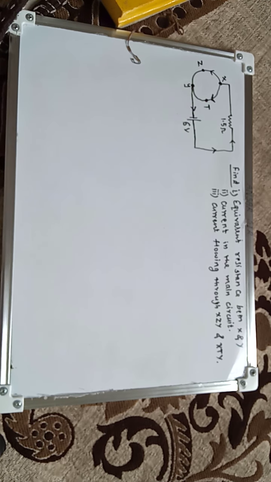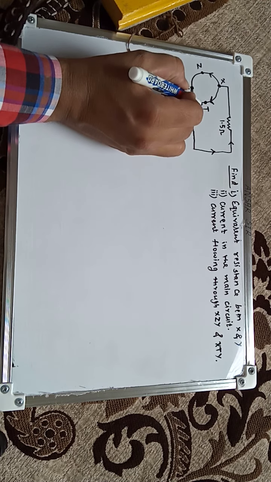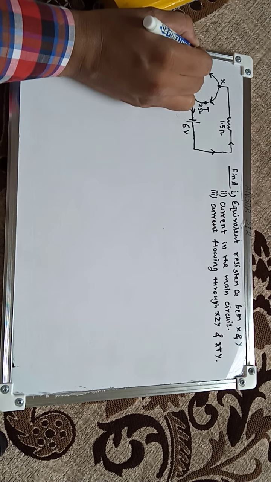Let us solve. I have already drawn a diagram to save time, and I have written the question. It is given that the resistance of XTY is 2 ohms, and the resistance of XZY is 6 ohms.